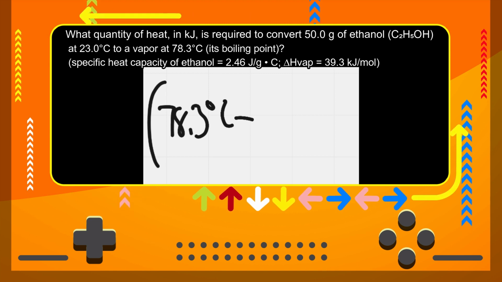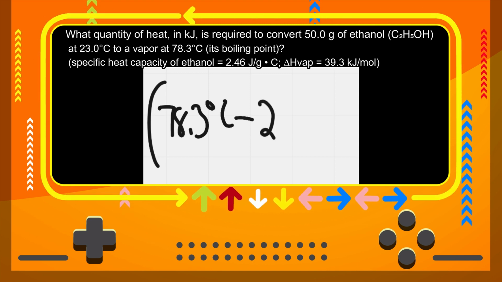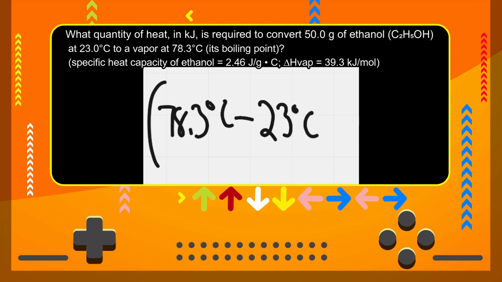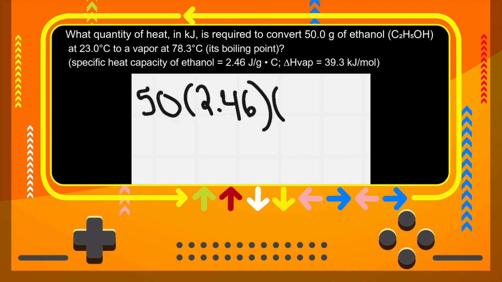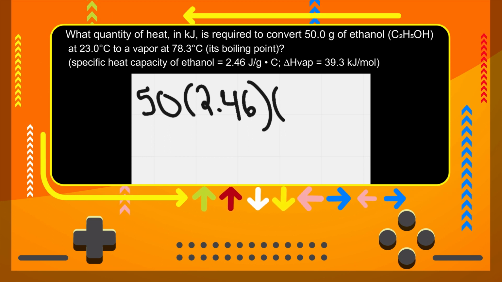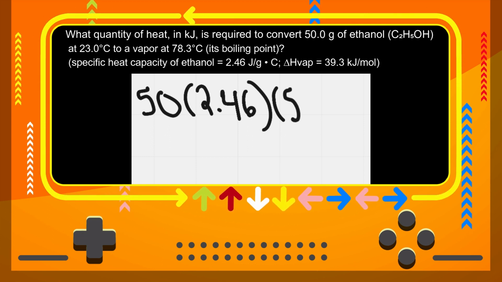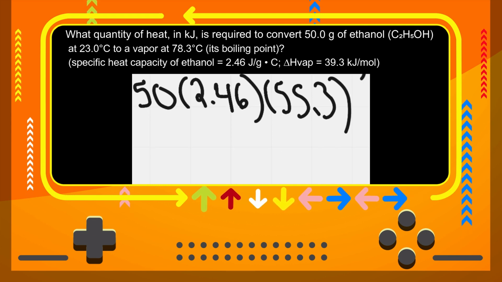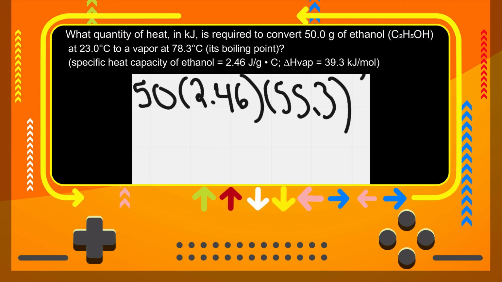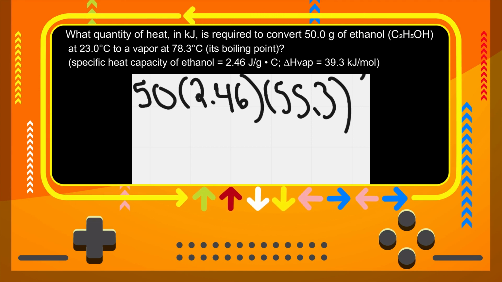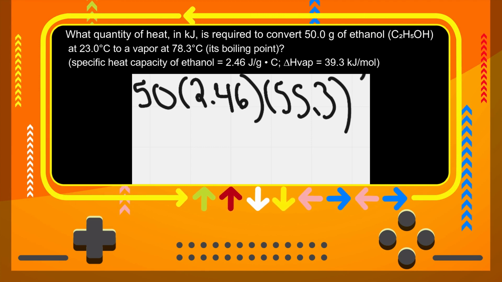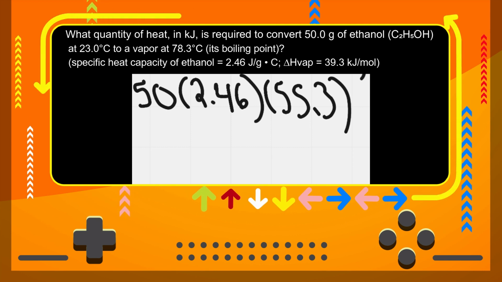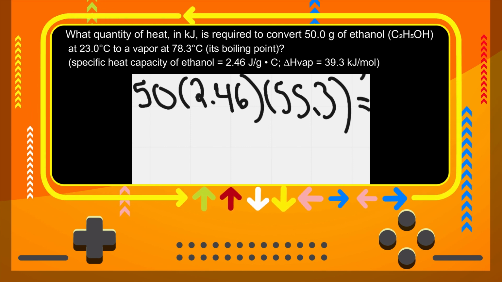And our initial, what do we start with, everybody? 23 degrees Celsius. So 78.3 minus 23 is going to be 55.3. Once again, I don't have the units included right now, I'm just focusing on the numbers. So 50 times 2.46 times 55.3. What is that going to give me?